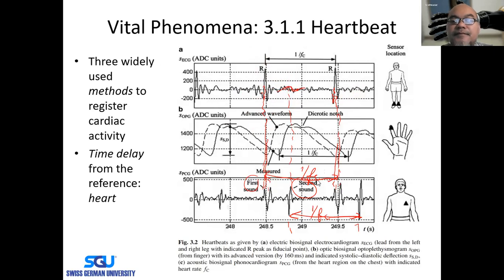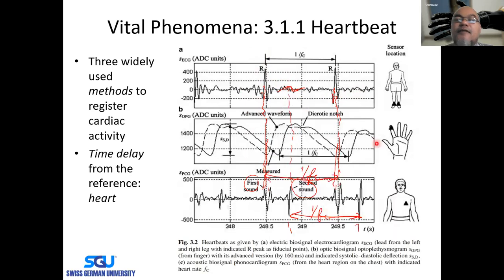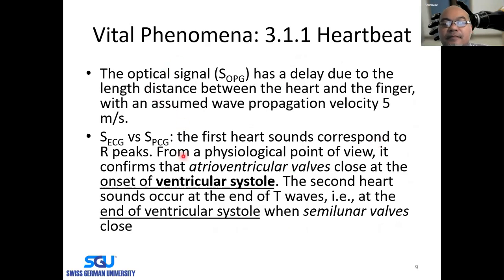When the electrical charges have already spread towards all the Purkinje fibers, through all the ventricles, the two ventricles start to relax again. So that is the end of the ventricular systole, when the semilunar valves close.